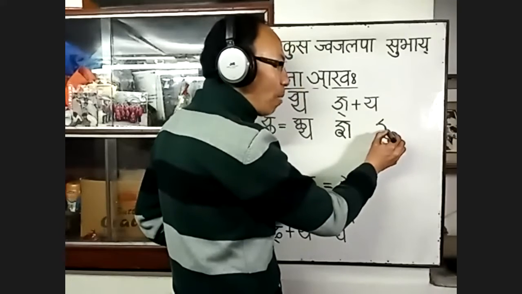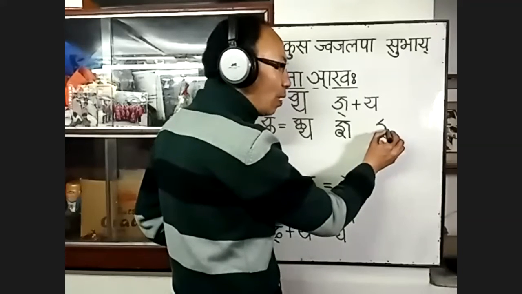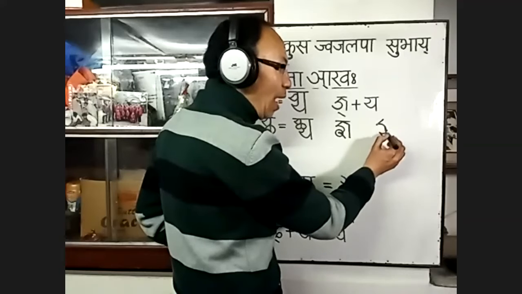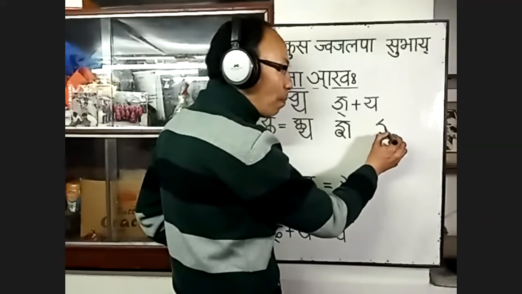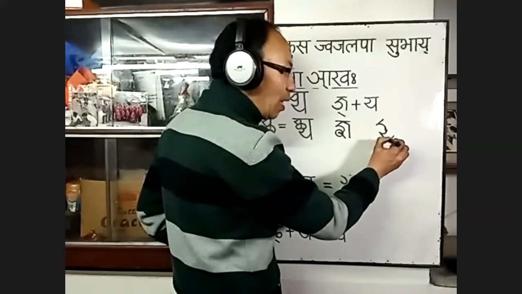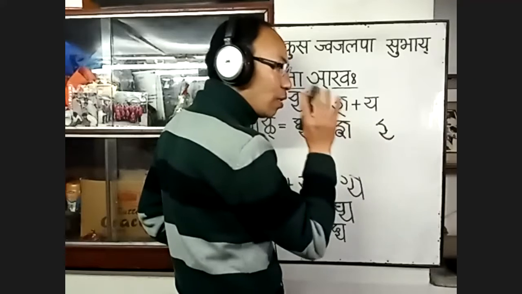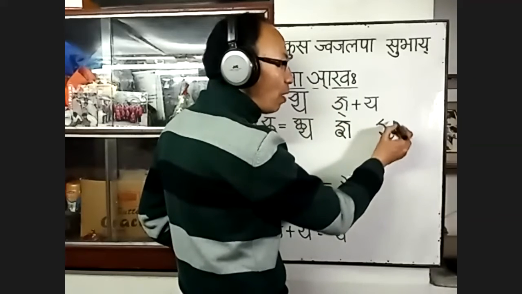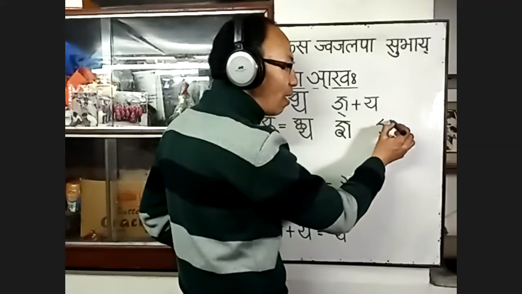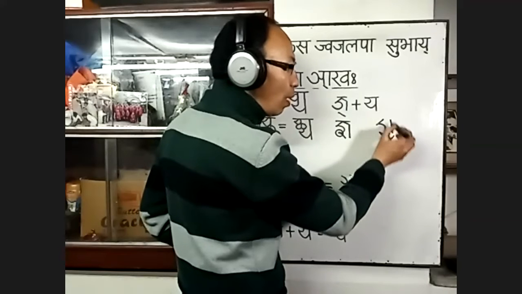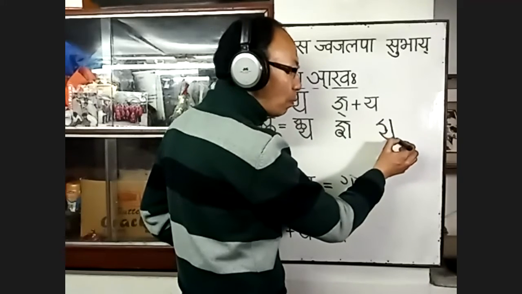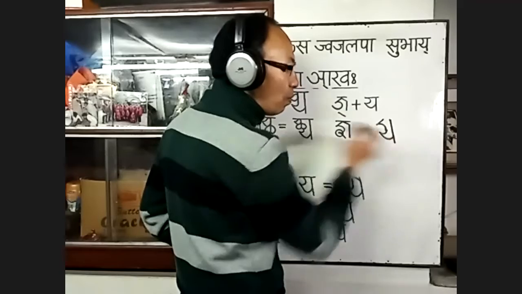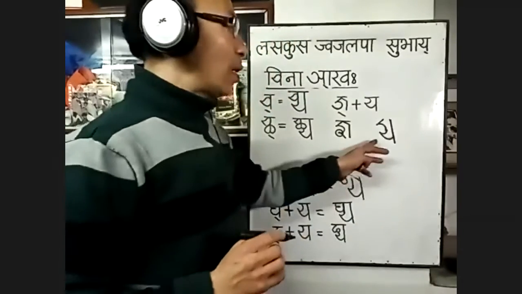This is the beginning part of ya, while this is the mutupa of ja. The mutupa of ja and the beginning part of ya combine, and then the ya is written. To write ya completely, we add a line from top to bottom.